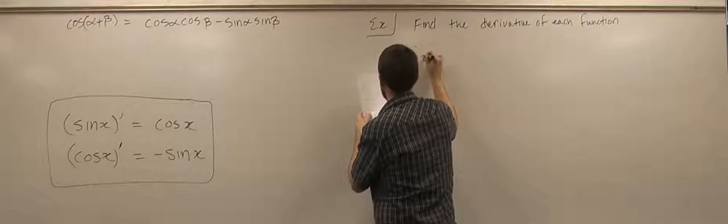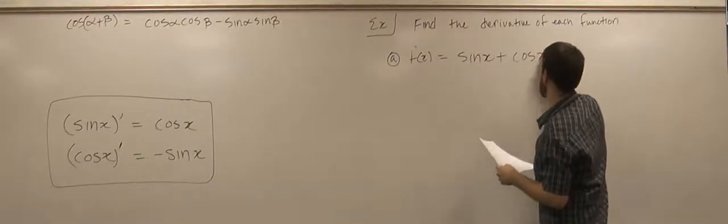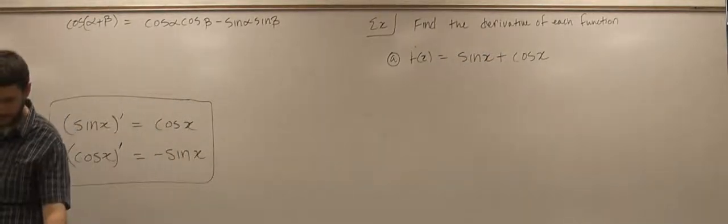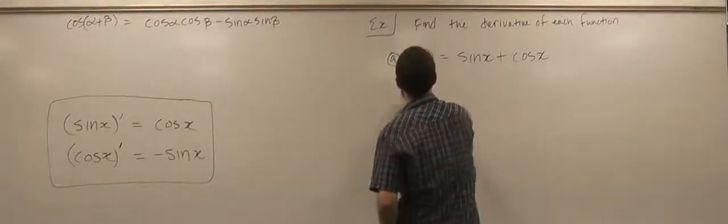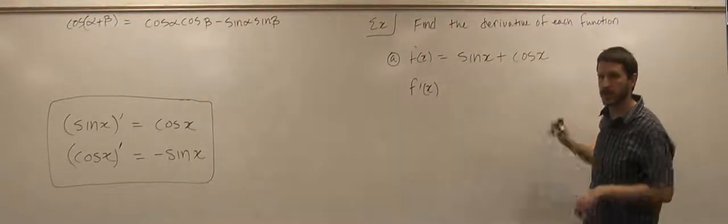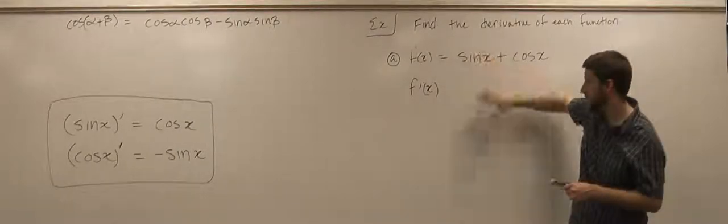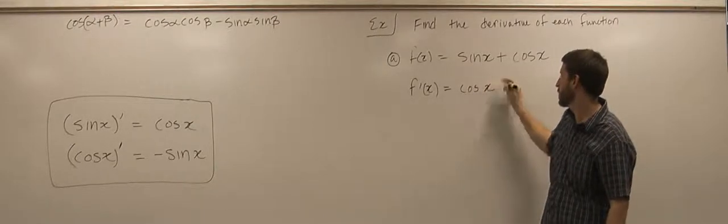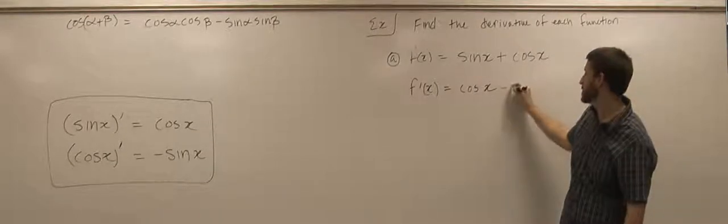Let's do f of x equals sine x plus cos x. So f prime of x, because it's a plus, I can do the derivative individually. First I do the derivative of sine, which is cosine. Sine is the easy one. But then you also have to do the derivative of cosine, which is minus sine.